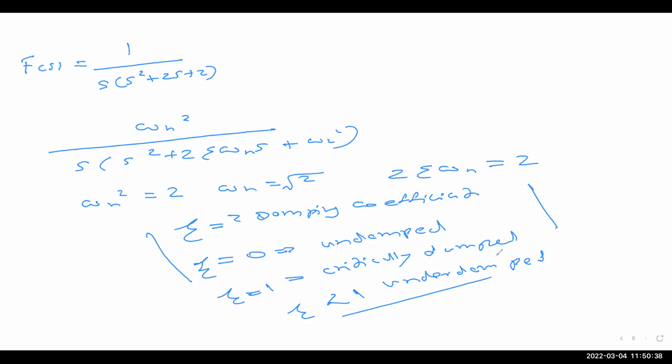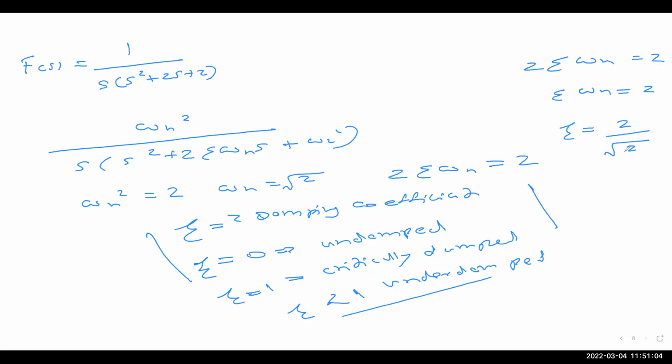So in this one, we got 2 zeta omega n equals 2. If we divide both sides by 2, we get zeta omega n equals 1. So our zeta is equal to 1 divided by omega n, because omega n is root 2.